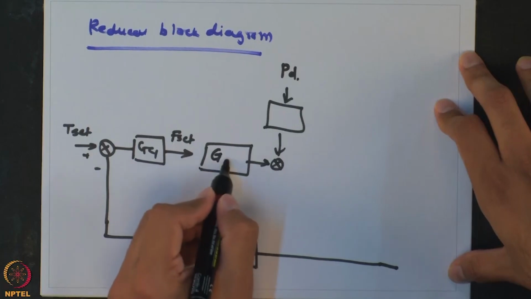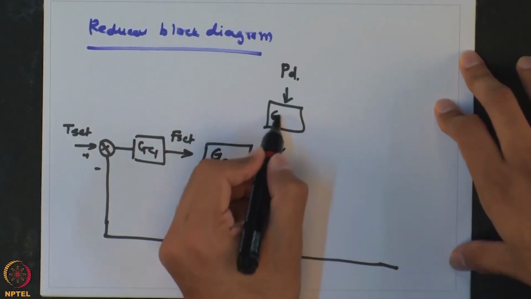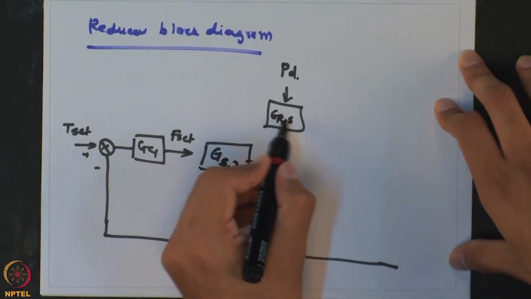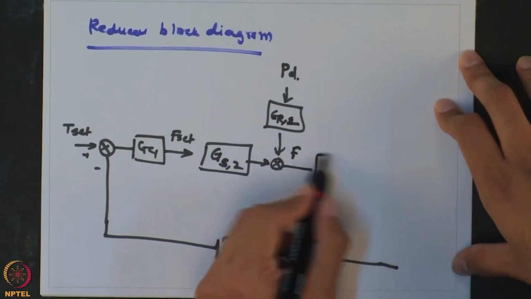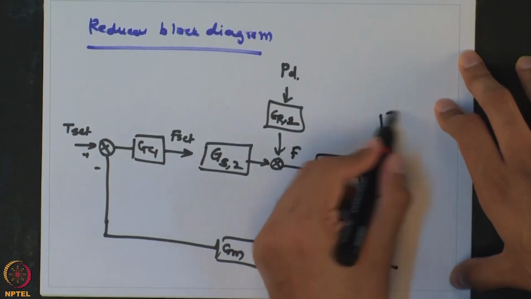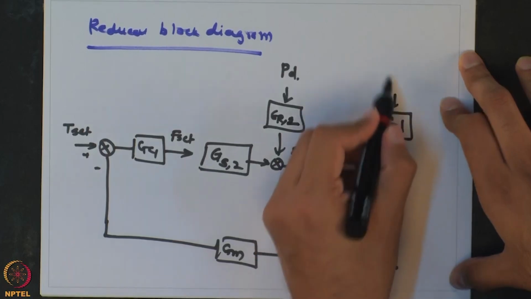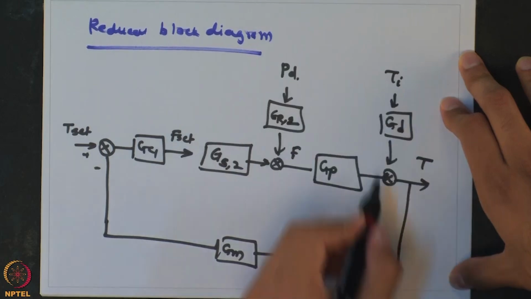So this is a servo transfer function for the second loop, and this is the regulatory transfer function for the second loop. Both will give me the flow, and that flow will go to the process transfer function, and this is the primary disturbance. That will eventually give me the temperature.